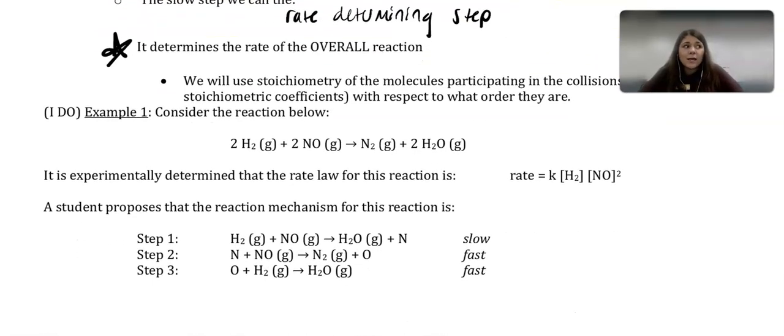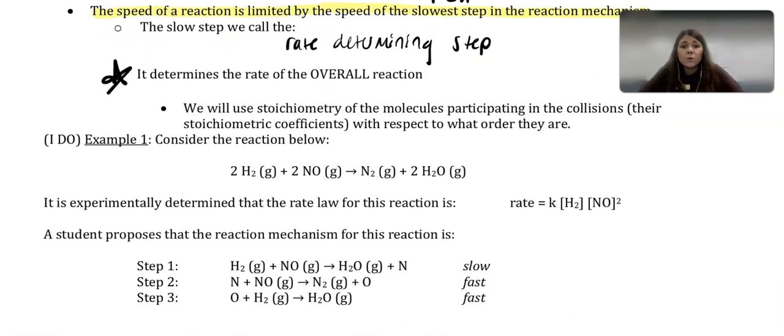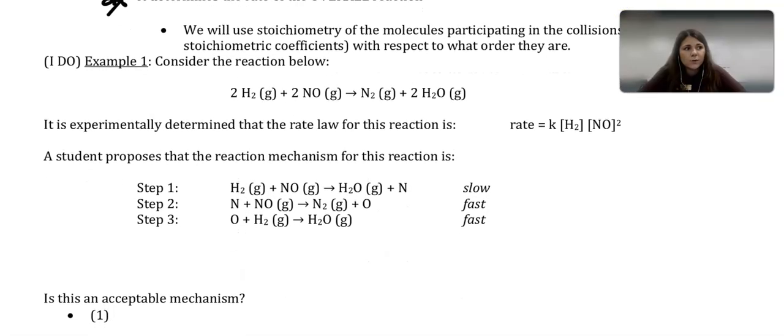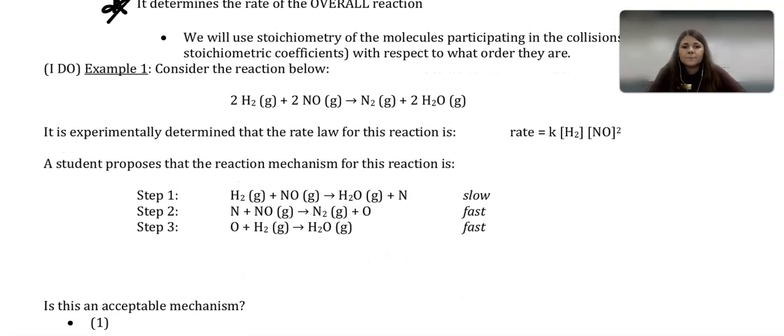We're going to use the stoichiometry of those molecules: whatever the stoichiometric coefficient is will be the order with respect to that reactant. So let's look at this reaction right here. We have 2 H2 and 2 NO making N2 and 2 H2O. It was experimentally determined that the rate law is this.